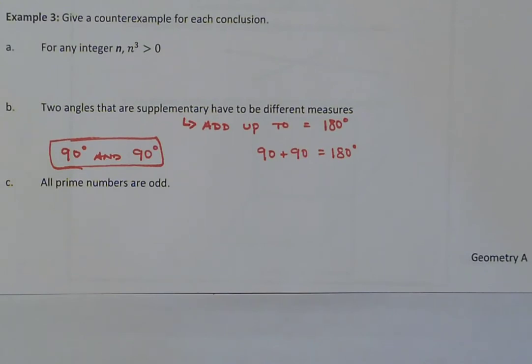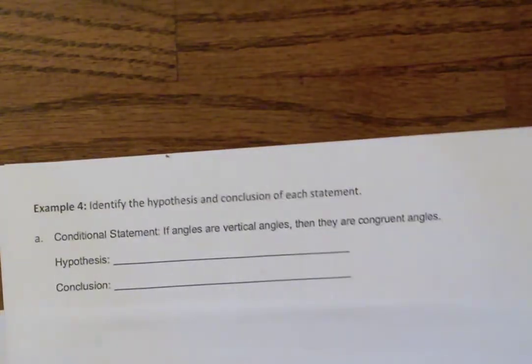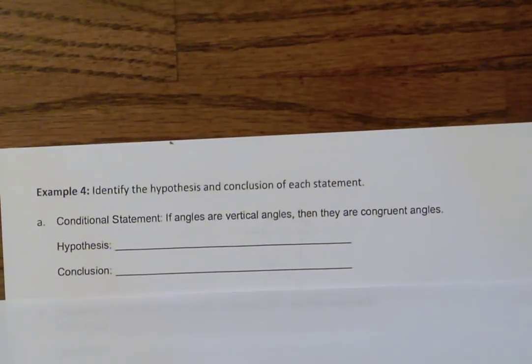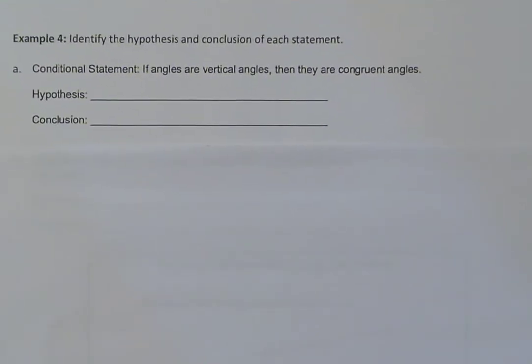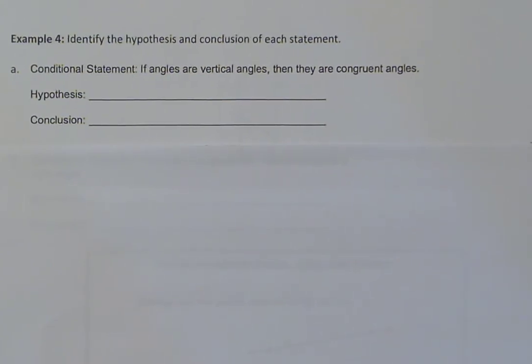All right, so moving forward, example 4 is going to have us go through and identify the hypothesis and conclusion for each statement. So what you're going to go through and do is take the conditional statement, and you're going to go through and state what is the hypothesis and then what is the conclusion.